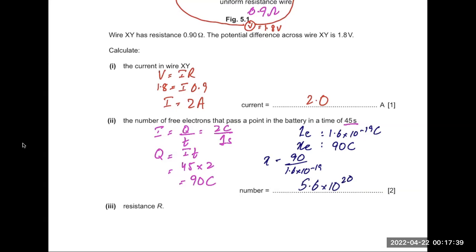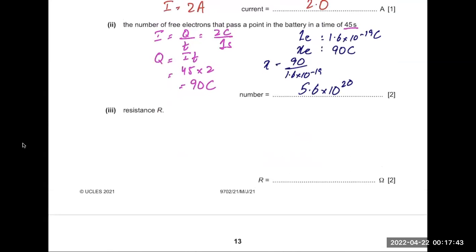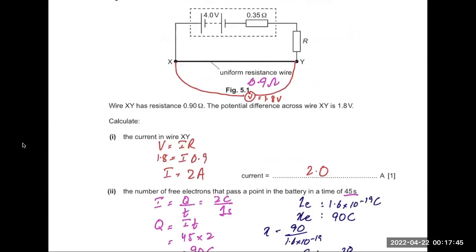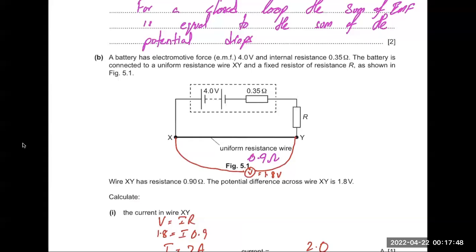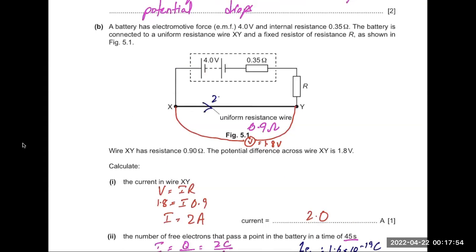Okay. Moving on. Part 3 says resistance R. So we've got the value of current in the wire, which is 2 amperes. So if this is the current in the wire, this is the current that leaves the battery. This is the current that passes through resistor R, 2 amperes.